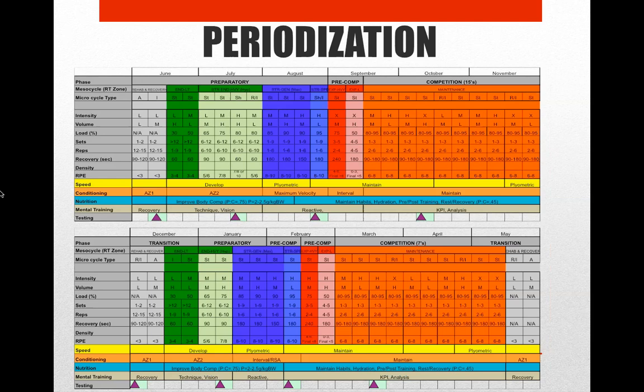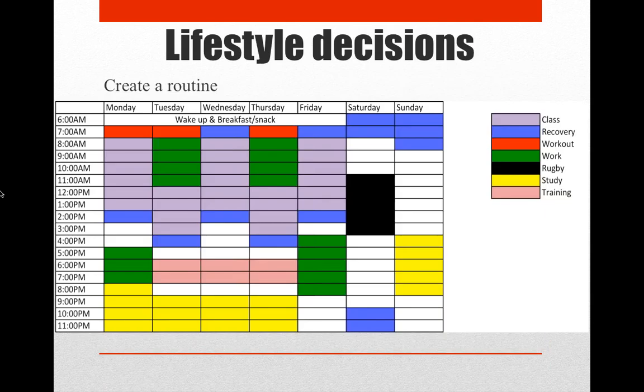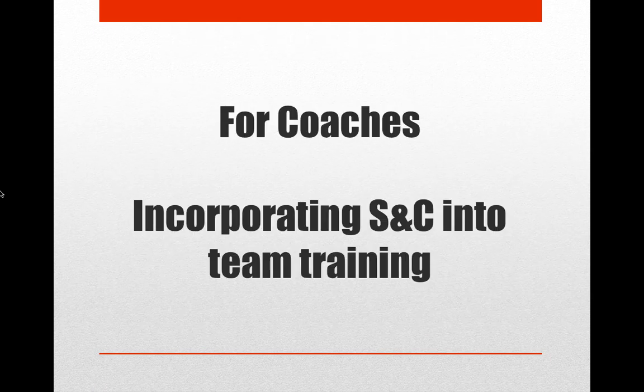It's a master plan, but one thing to keep in mind is first and foremost to be adaptable. What you see during the competition phases is that maintenance is the primary objective. However, if at any point throughout that period we have a bye week, or we just had a difficult week, or we had a game in the rain, or we're experiencing more injuries than we would hope, that's going to have to be adjusted.